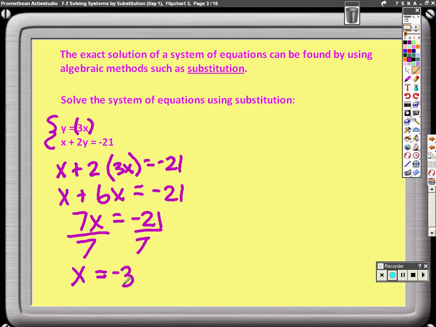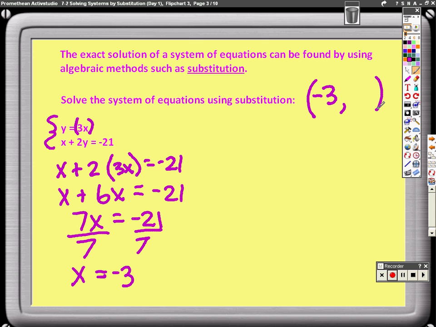And that is going to be the x coordinate in my solution. So if you think about these two equations being graphed, the point where they intersect is the solution to the system of equations, and we now have the value of x at that point of intersection.